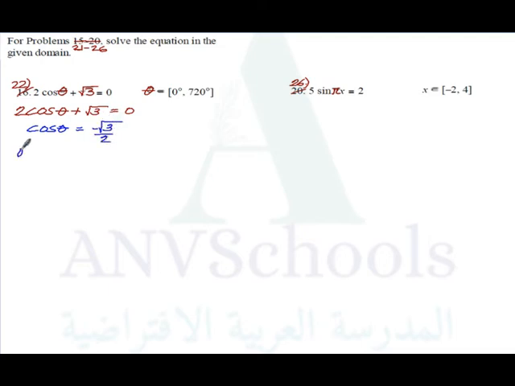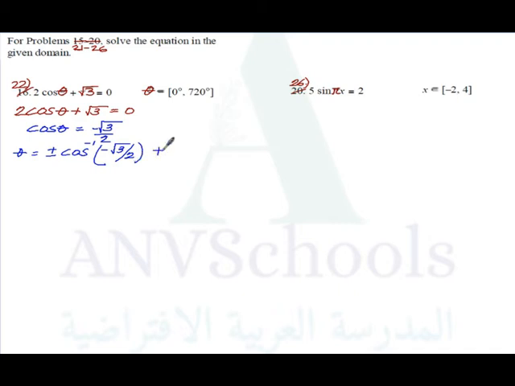So the general form would be positive or negative arccosine of negative square root of 3 over 2 plus 2 pi n.